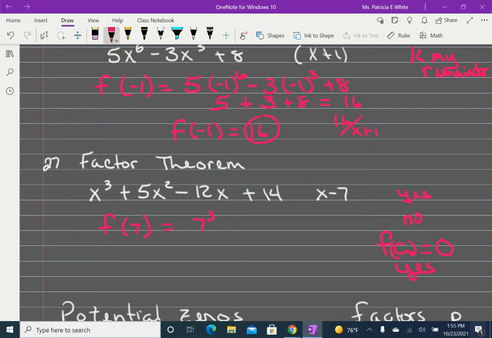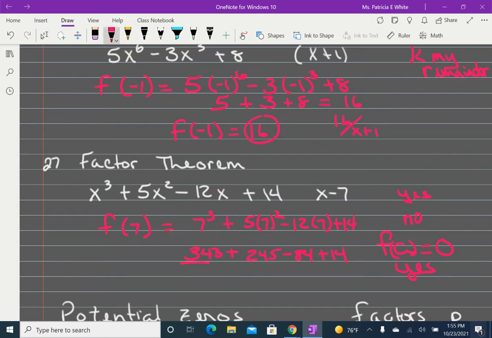So I have 7 to the 3rd plus 5 times 7 to the 2nd minus 12 times 7 plus 14. I'm pretty sure I know the answer because both of these are positive. 343 plus 245 minus 84 plus 14.